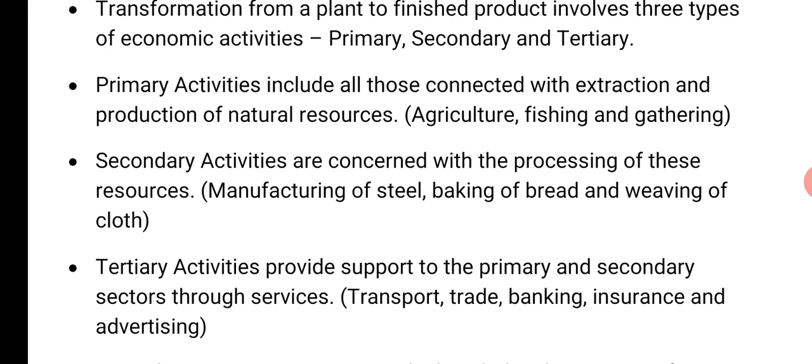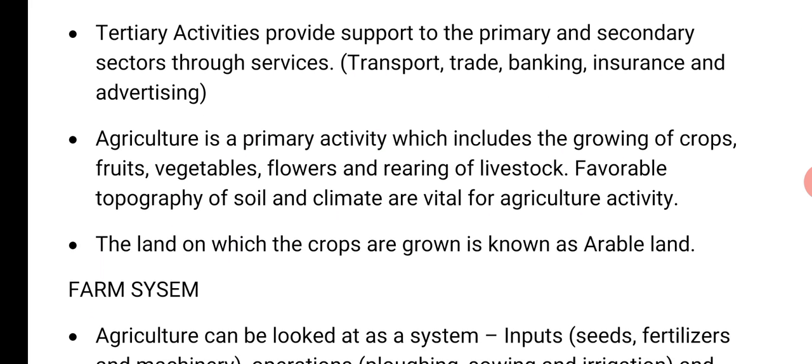Now, the third one is tertiary activities. It provides support to the primary and secondary sectors through services, example, transport, trade, banking, insurance and advertising.